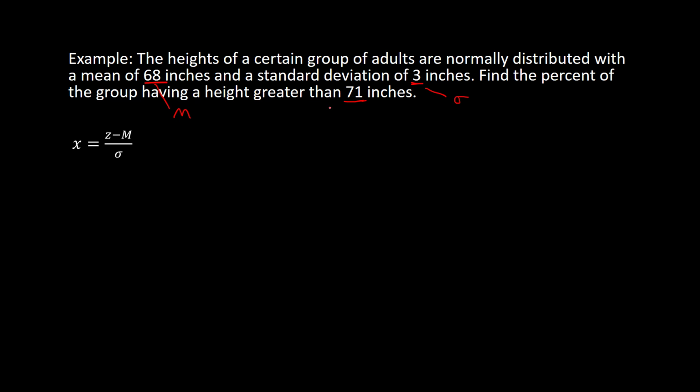We're trying to determine how many people have a height greater than 71 inches. So the 71 would be your z. So we plug everything in, and we get 71 minus 68 over 3, which gives me 3 over 3, which would equal 1. So we have converted the 71 into a standard normal number of 1.